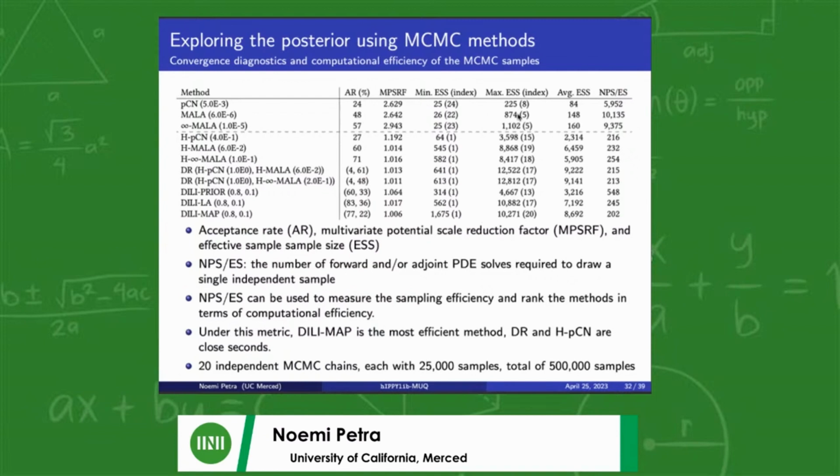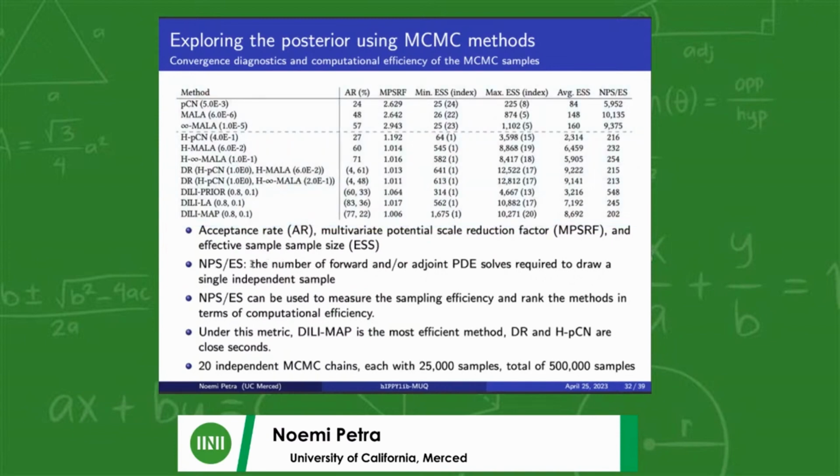We explored posteriors using various MCMC methods, and we look at all kinds of convergence diagnostics and computational efficiency of the sampling approaches. We look at the acceptance rate, and we look at the multivariate potential scale reduction factor. Basically, the closer this is to 1, the better the sampling, and the effective sample size. And we count the number of PDE solves in the process via this last column.